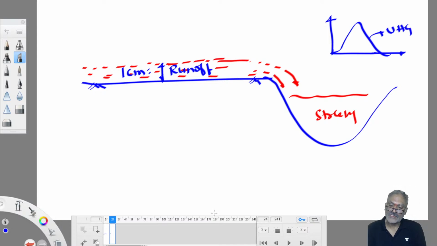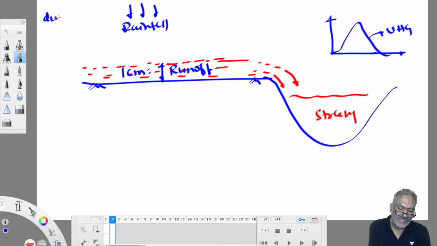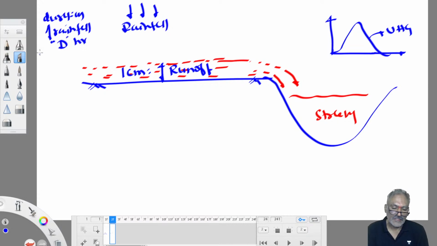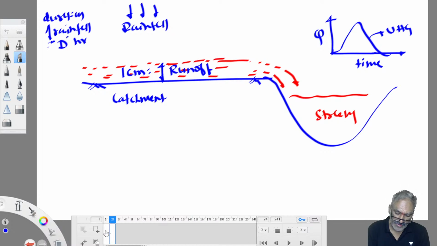Shortcut we write it as UH. So a rain is occurring for certain duration. Let us assume the duration of rainfall is D. So a D hour storm has occurred. That D hour storm produces a runoff of how much? 1 centimeter. If that runoff is drained into a stream, then exactly how that stream flow varies with respect to time, that plot is called the unit hydrograph.